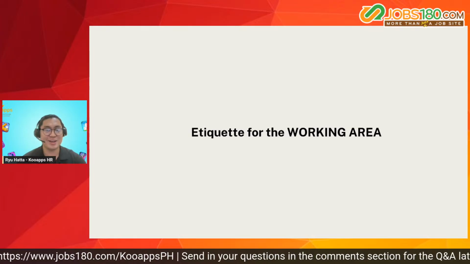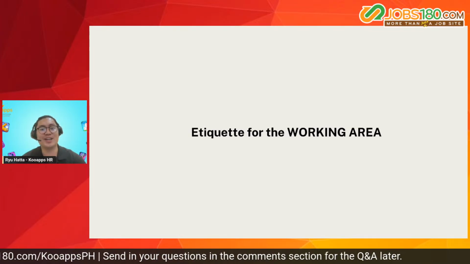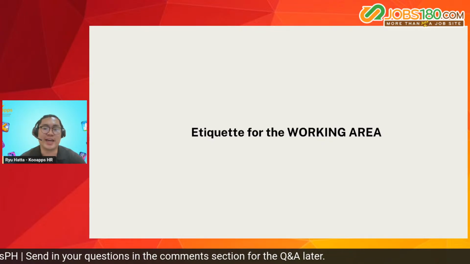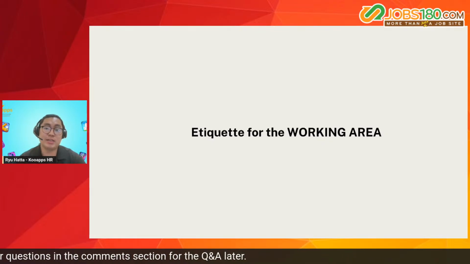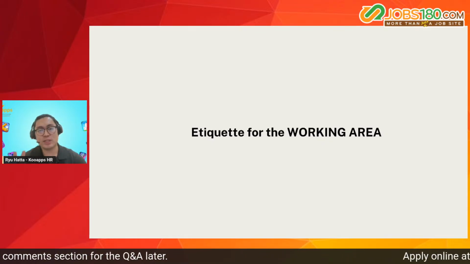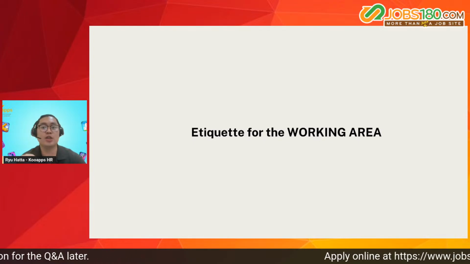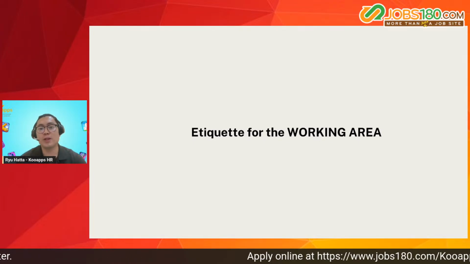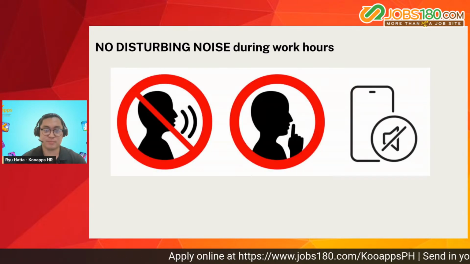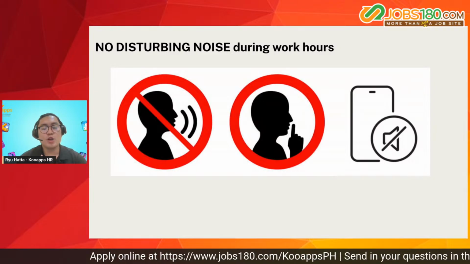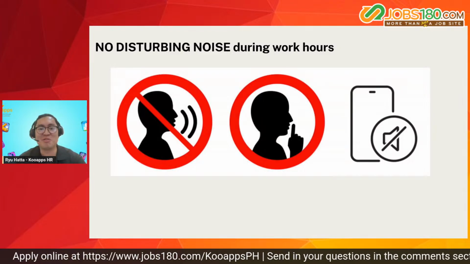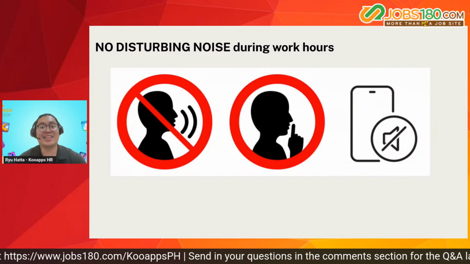So, to begin, of course, how about we learn etiquette for the working area? Working area in general will be the place or the shared space in which your colleagues and coworkers will be working together. First up, no disturbing noise during work hours. All right, guys.